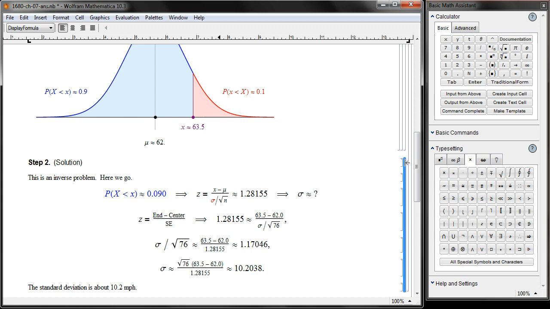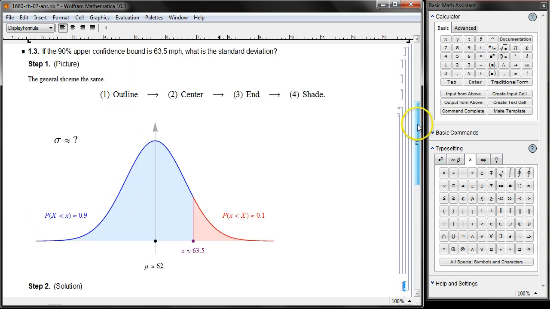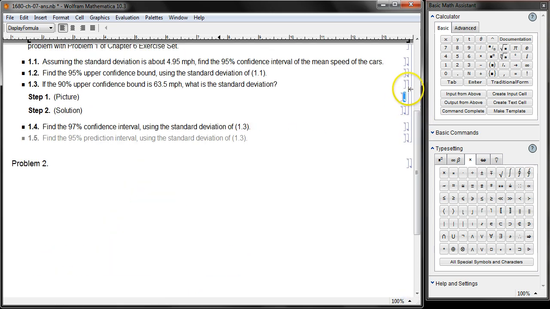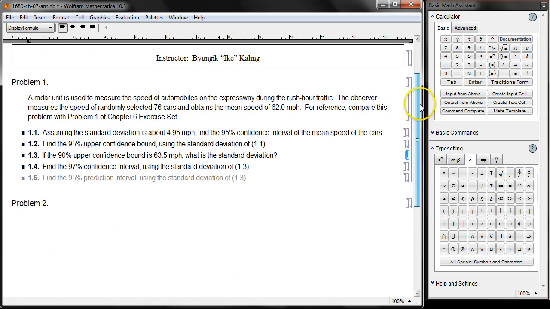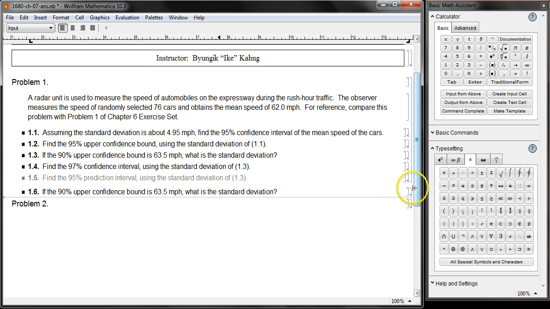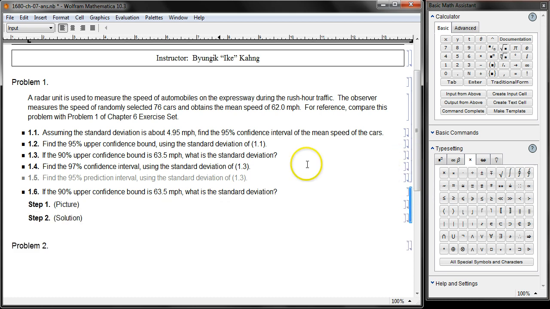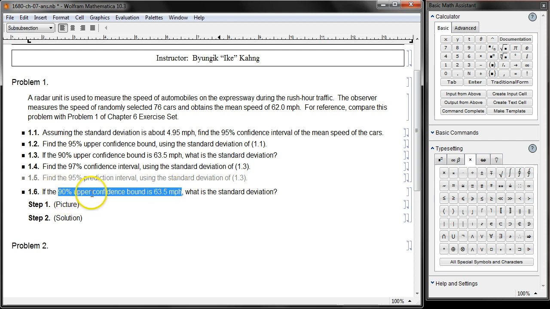Now, do we have enough time for a digression? Okay. And let me copy and paste this problem because I don't want to disturb the original. And let me modify this problem a little bit. Instead of the 90% upper confidence bound is 63.5, let's do some lower confidence bound.